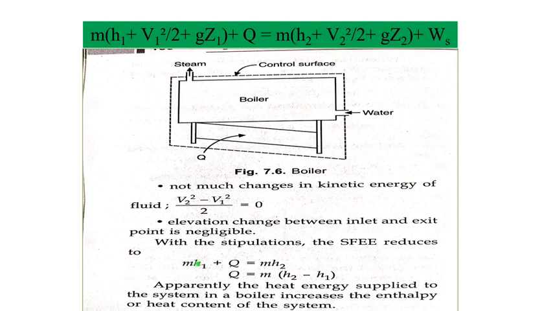Now the equation remains mH1 plus Q is equal to mH2, or we can say Q is equal to m into (H2 minus H1). So the quantity of heat given to the water for converting it into steam is used for increasing the enthalpy of the fluid from H1 to H2. So the enthalpy of the fluid increases, and what we get is steam with increased enthalpy.